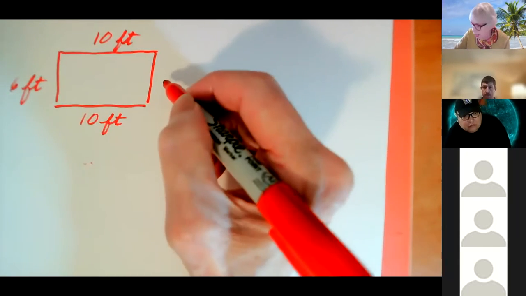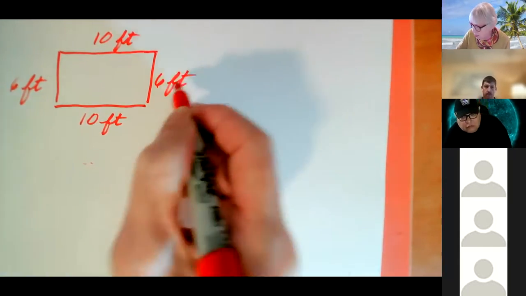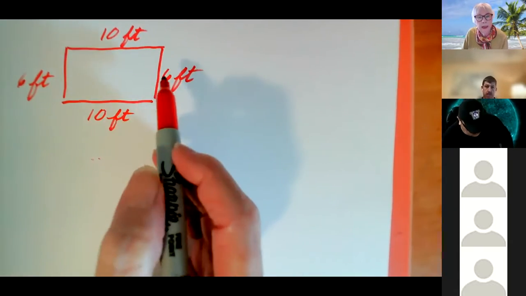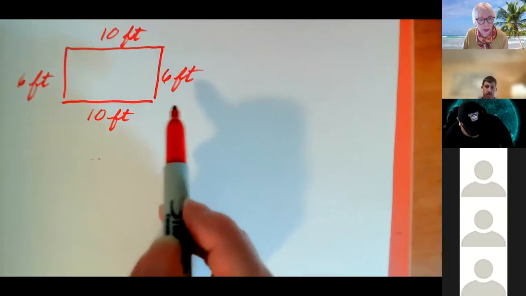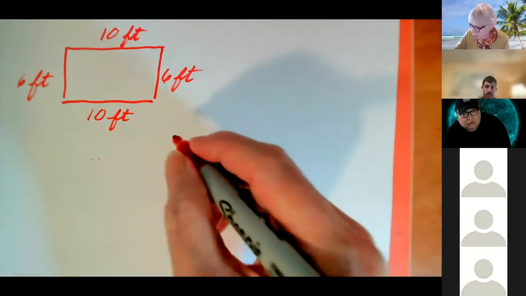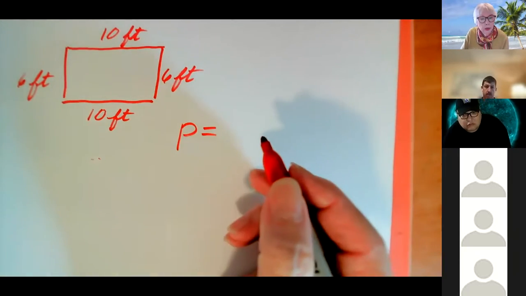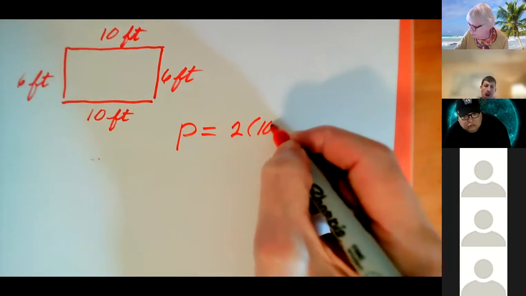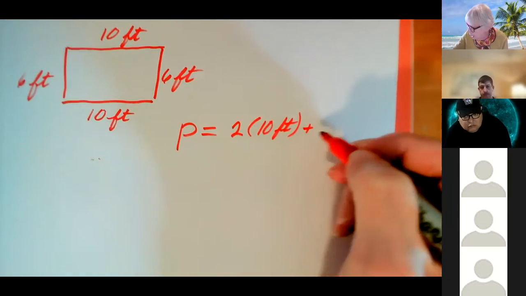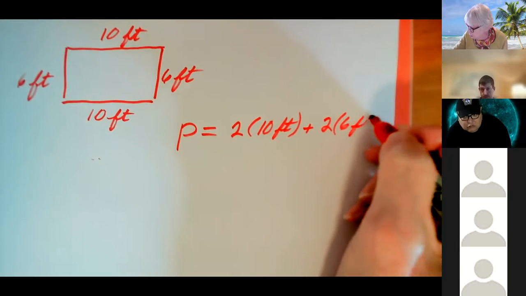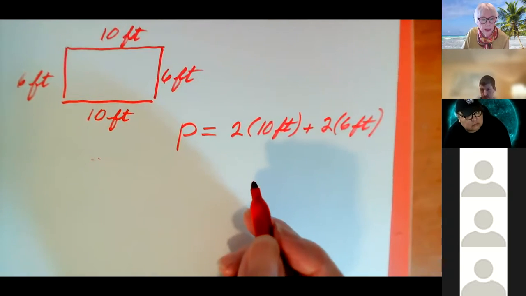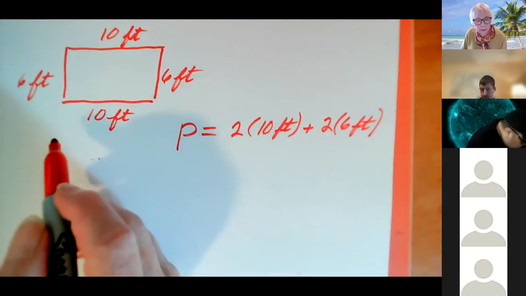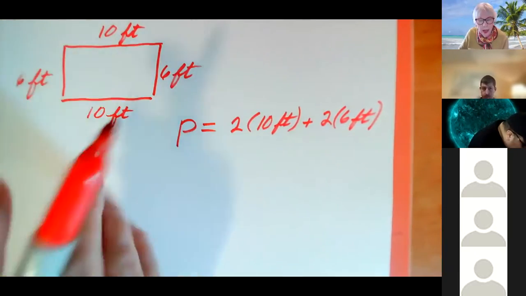This opposite side is also the same, and so that would be 6. So what you have is 10 and 6 and 10 and 6 to get the outside edge, which is the perimeter. So what we have are 2 of the 10s, and we have 2 of the 6s. Is that clear enough? Because this is a match to that, and this is a match to that.